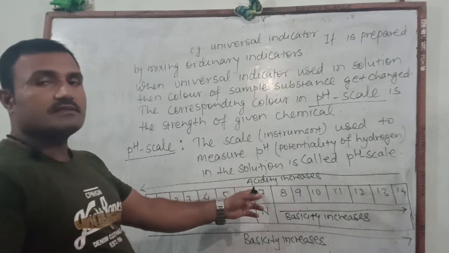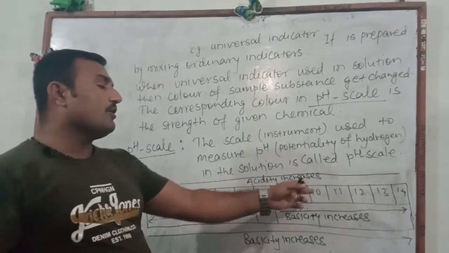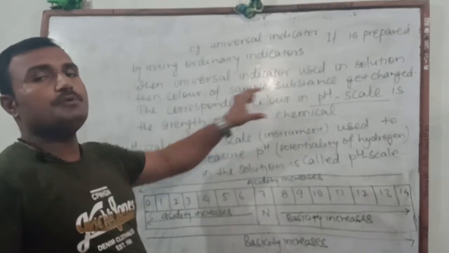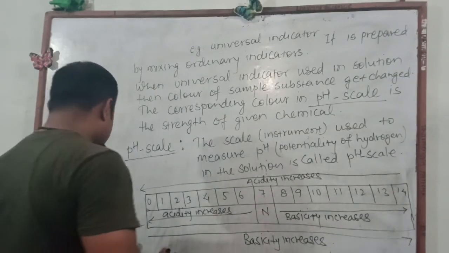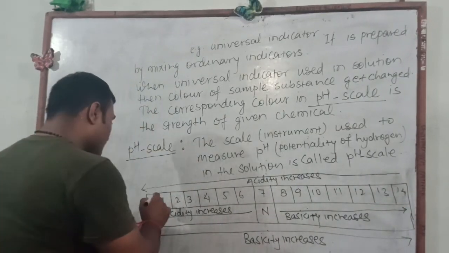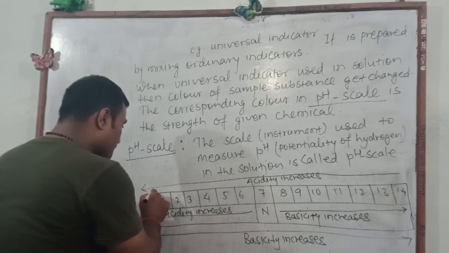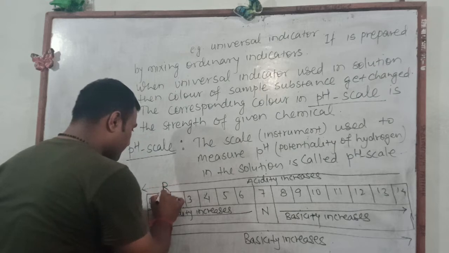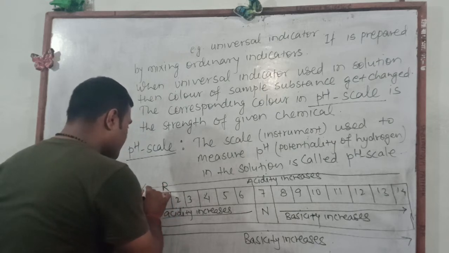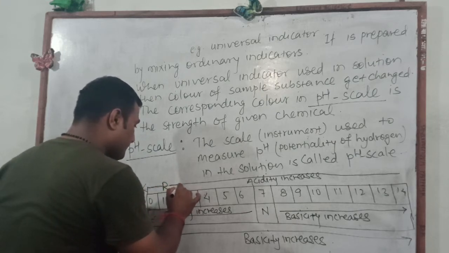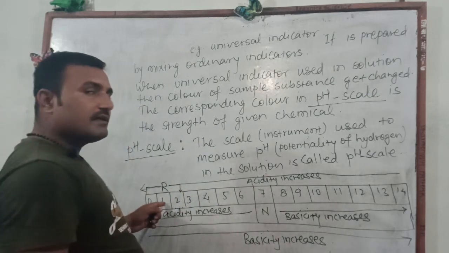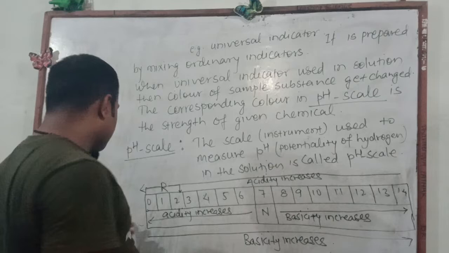And exactly, these numbers can be obtained with the help of the change in color of the universal indicator. For example, 0, 1, 2, a red color is found. From 0 to 2, light red, dark red is found.